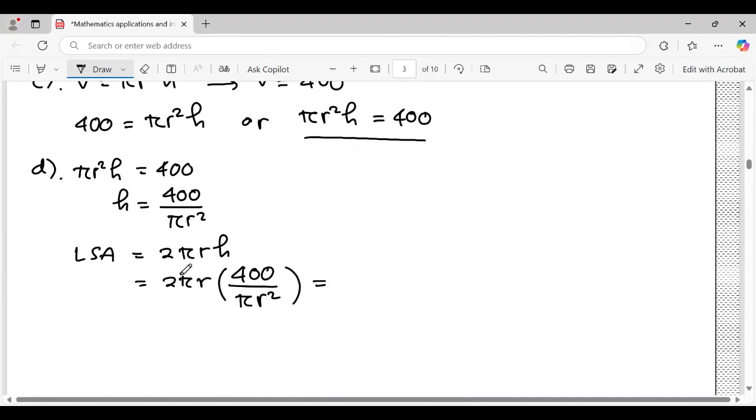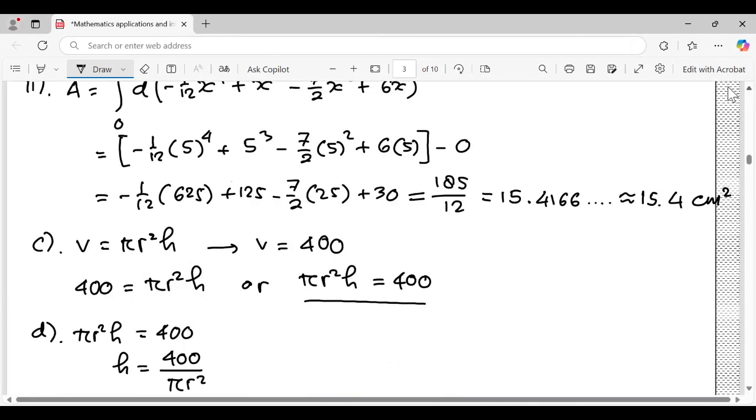And it is 800 over R. And this is K. So K equals 800. So next question.